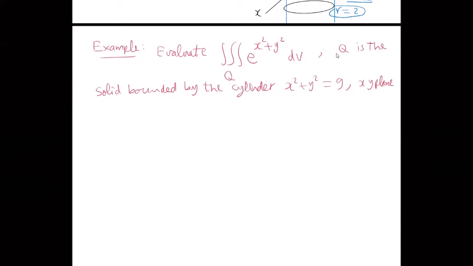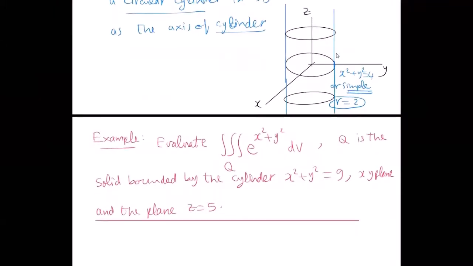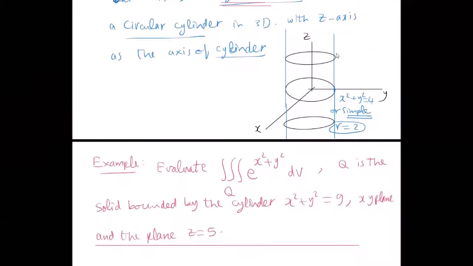We have to deal with a finite, bounded solid: the xy plane, and the plane z equals 5. So another horizontal plane. So what we have here, maybe this part, maybe this part of the cylinder. This is what we have.